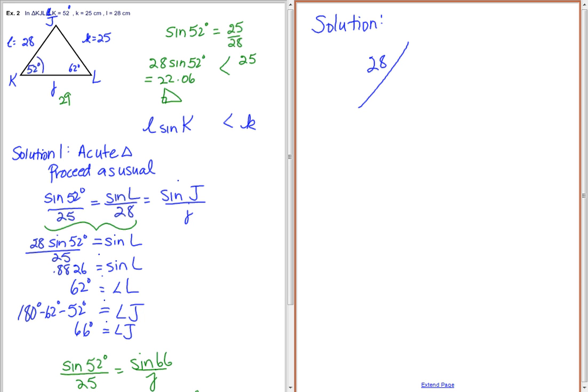So I've got 28, got k and j, and the 52 degrees, they're locked. The angle between them is 52 degrees, where my little k of 25 could possibly bend back. I don't know. So the other solution is when it looks like that, and my 25 length bends that way.